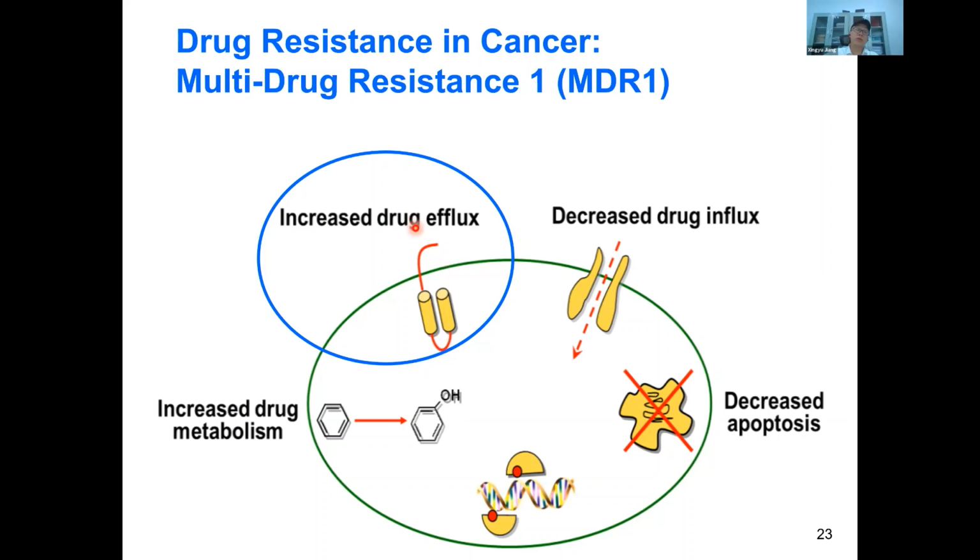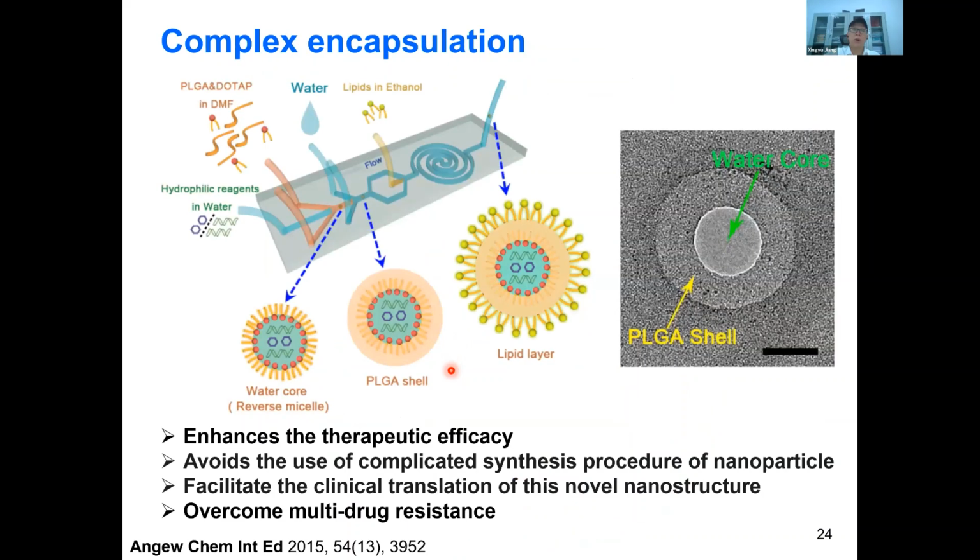So we thought, why don't we have a nanoparticle that carries the small interfering RNA against the drug efflux pump at the same time as the chemotherapeutic drug? Will that allow us to get a particle that could reverse drug resistance? So we use this chip that's a little bit complicated, but it allows us to do the work.